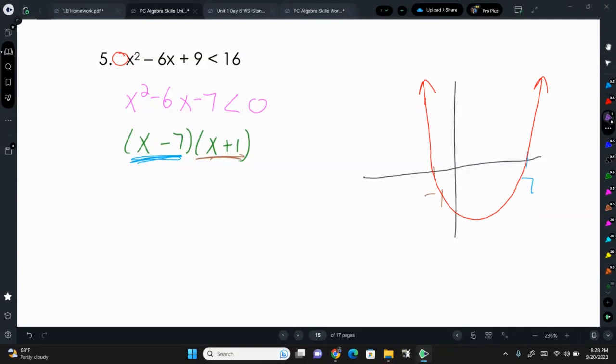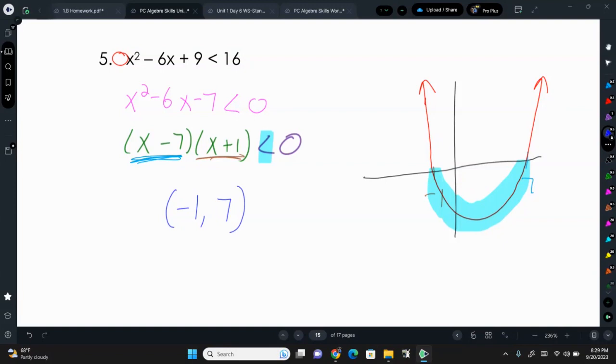Oops, I forgot the less than 0 part. And then since we are less than, we want everything underneath the x-axis. And this will give us an interval from -1 to +7, and since we don't have less than or equal to, just less than, we don't need brackets.